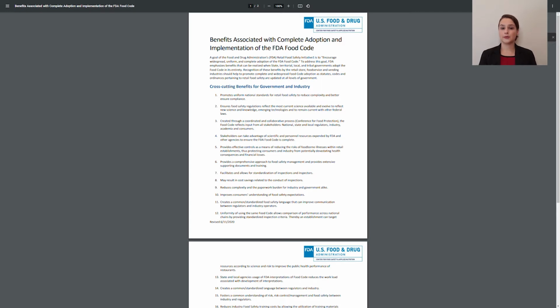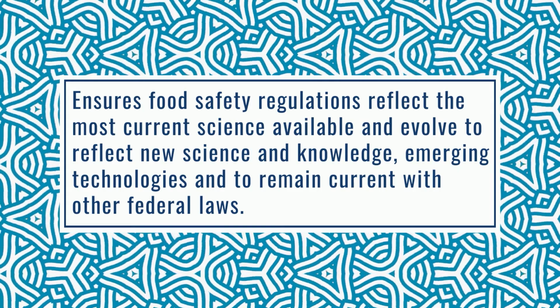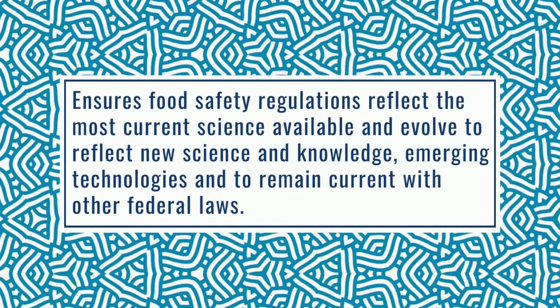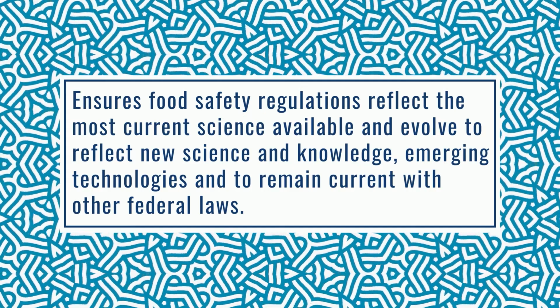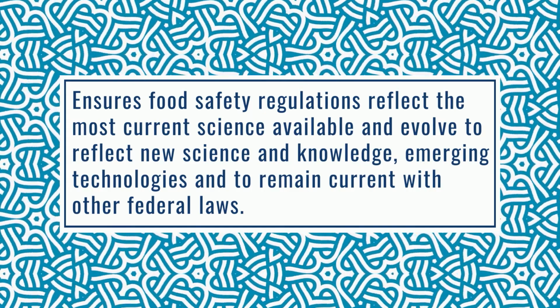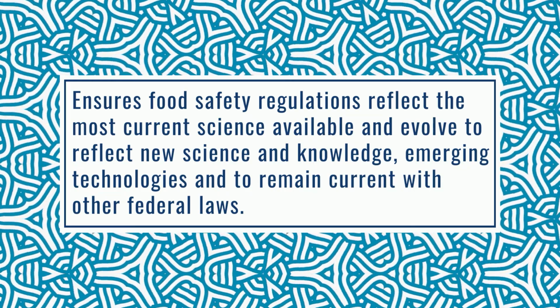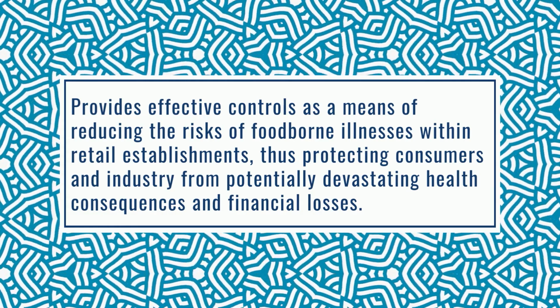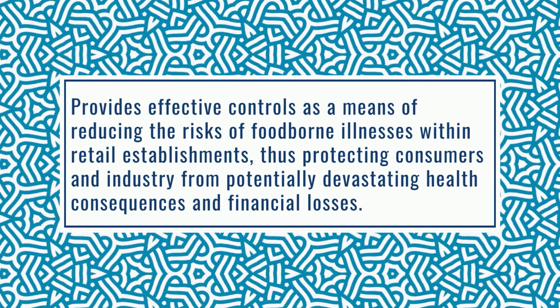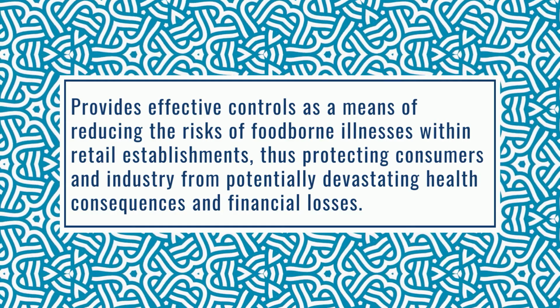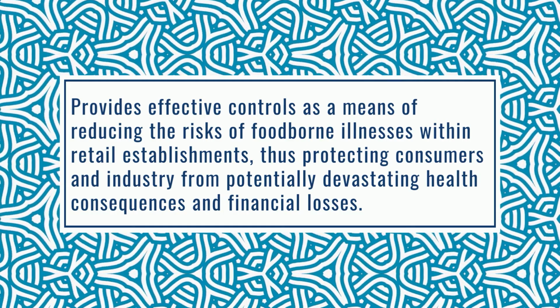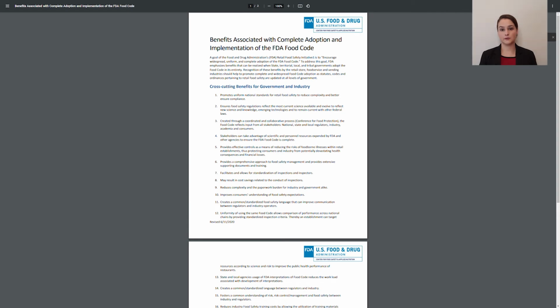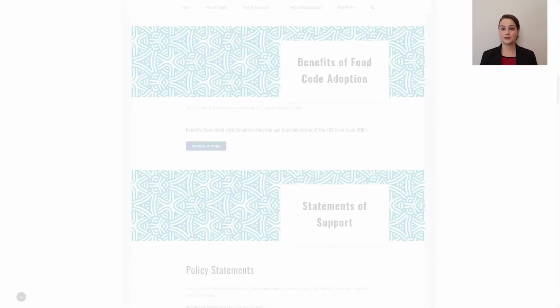Some of the points made in the document can be used to support food code adoption amongst industry members, highlighting benefits such as the food code ensures food safety regulations reflect the most current science available and evolve to reflect new science and knowledge, emerging technologies, and to remain current with other federal laws. And the food code provides effective controls as a means of reducing the risks of foodborne illness within retail establishments, thus protecting consumers and industry from potentially devastating health consequences and financial losses. This can be used as a very persuasive tool in arguing for the case of food code adoption.